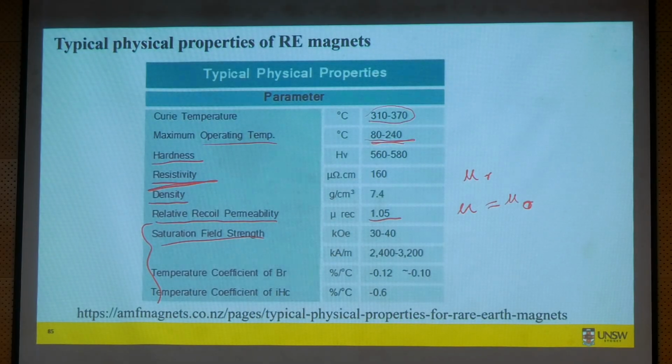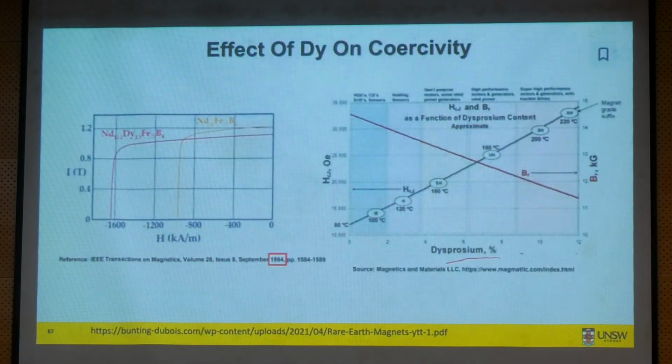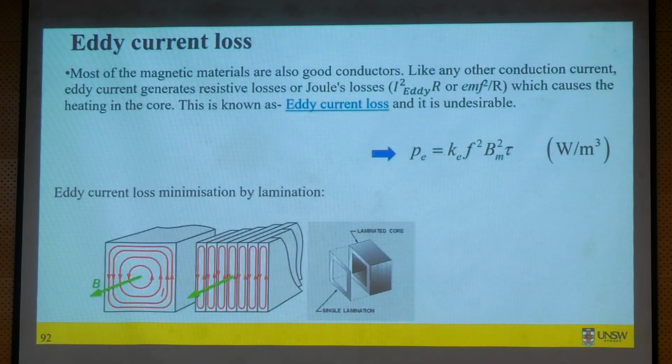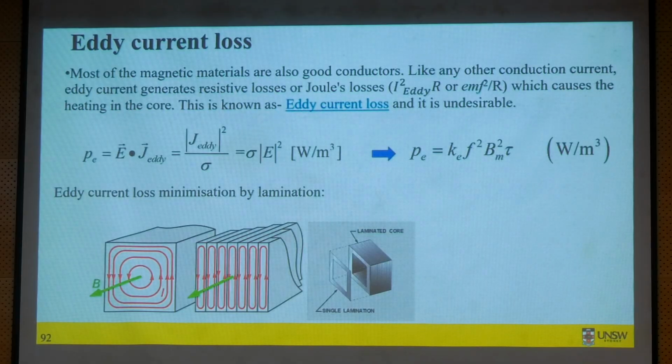Okay, so this resistivity is related to your eddy current loss in the magnet material, or magnet, piece of magnet. So when your motor is rotating or magnets rotating, we will have eddy current not just in the steel material but also in the magnet.